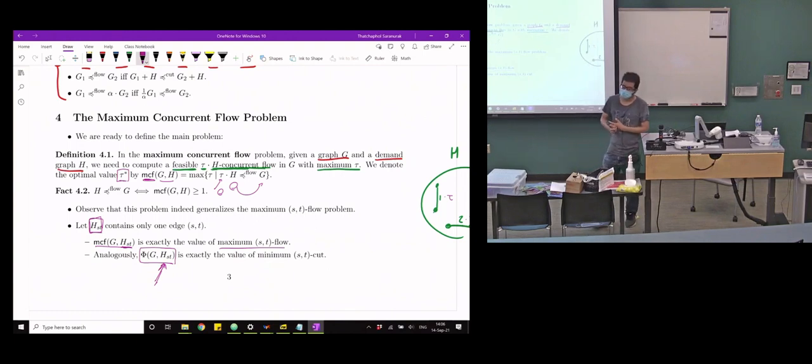You asked about supremum and maximum. The quick answer is that you can model this problem as an LP, and you can solve the LP, and you get the maximum one.